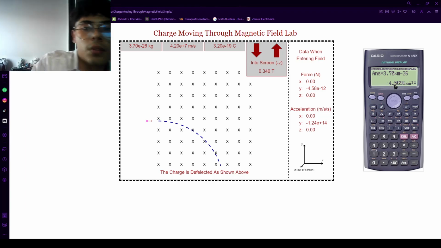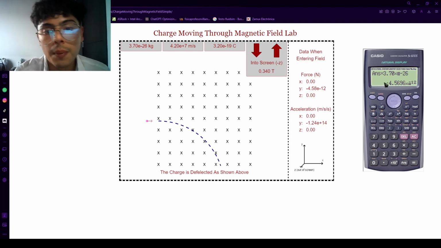The result is negative 4.56 multiplied by 10 to the power negative 12, the same or a similar result as in the simulator.